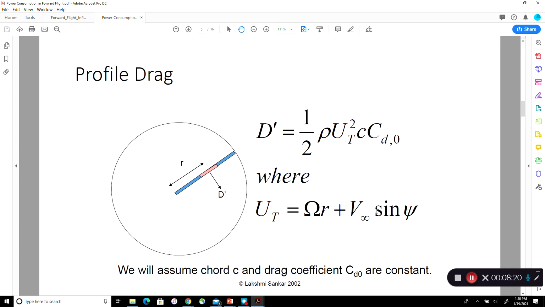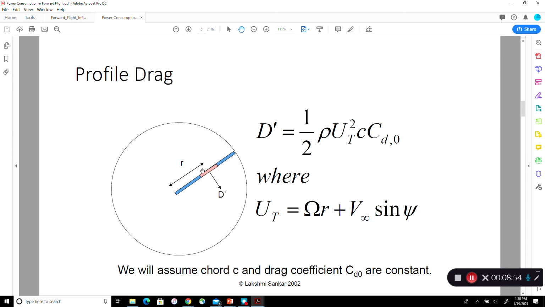Because when psi is equal to 90 degrees, full V infinity is being added, omega R plus V infinity. When psi is 270 degrees, sine of 270 is -1, so it's omega R minus V infinity. This is on the retreating side. On the other hand, behind the pilot over the tail boom, psi is 0, so we only get omega R. In front of the pilot over the nose of the fuselage, psi is 180 degrees, you just get omega R.